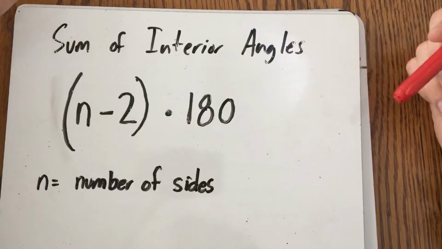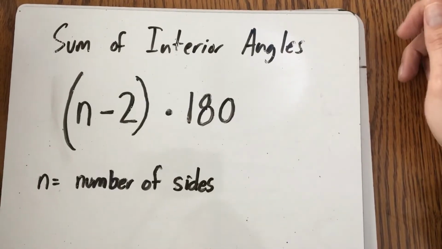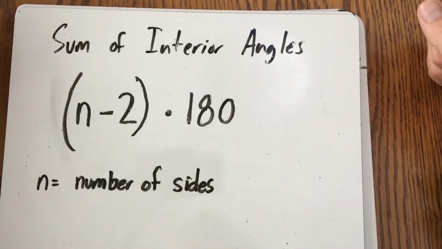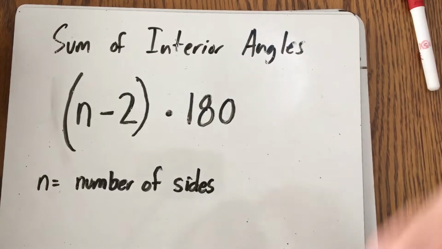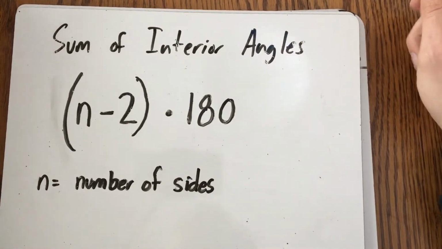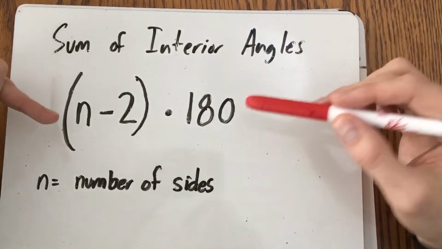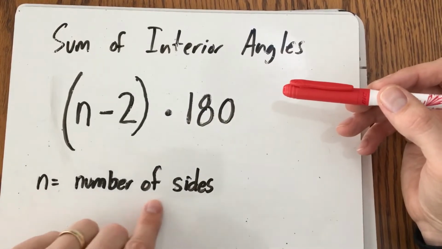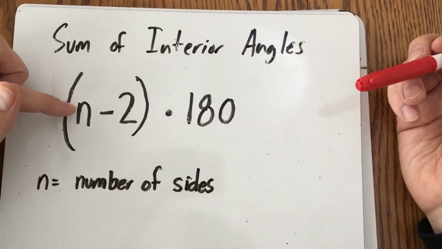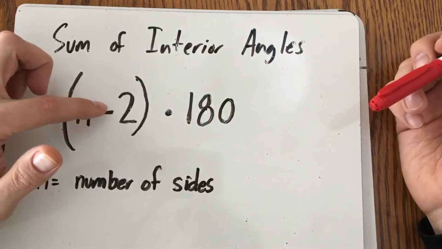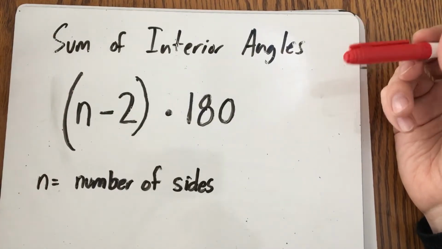No. There's an actual formula that you can use to figure out the sum of the interior angles in any type of shape. So instead of just having to memorize it, here's what it is. You take N, which stands for the number of sides that the shape has, minus 2, and then you take that number times 180.